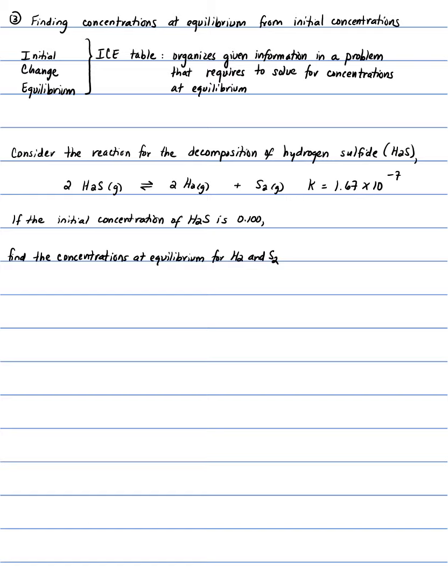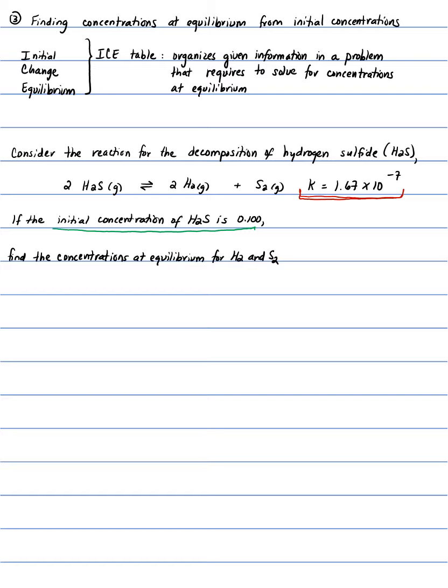So let's check what information is given. We have a numerical value for K, which is very important for this type of calculation. Another thing that is given is the initial concentration of hydrogen sulfide, which is the only reactant in this example.